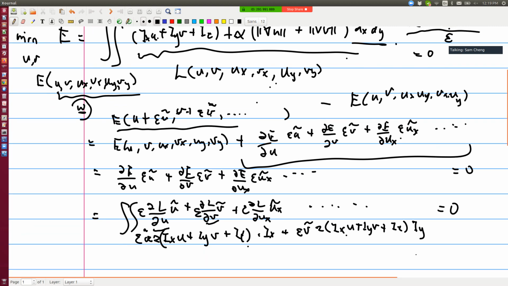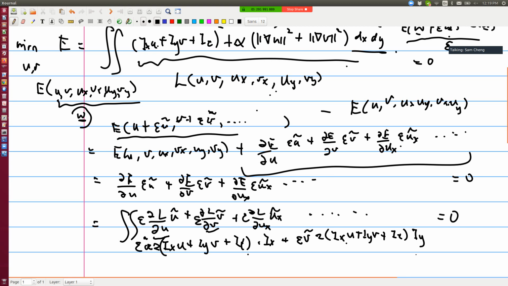So let me do one more case here, just for this guy. This time I take the derivative with respect to ux here. There's no ux in this part. This one is actually equal to ux squared plus uy squared, and this is vx squared plus vy squared.